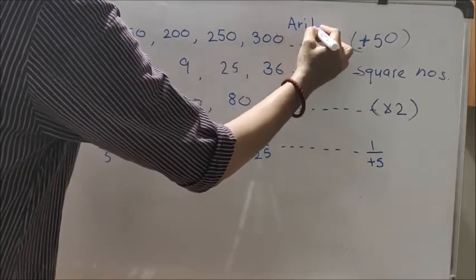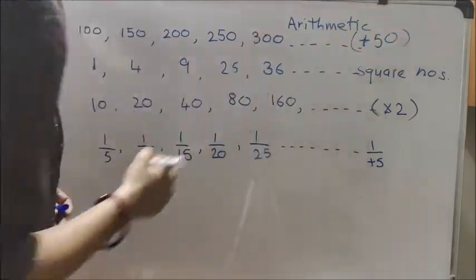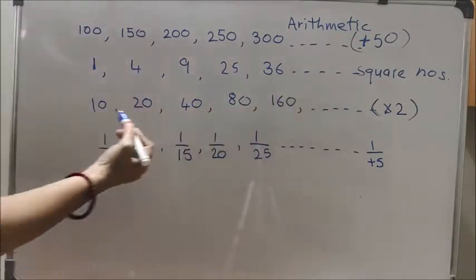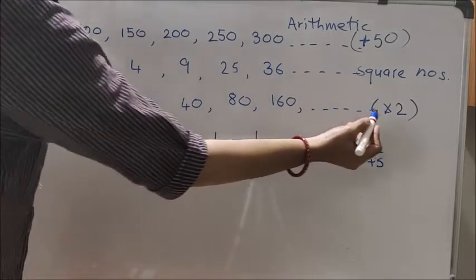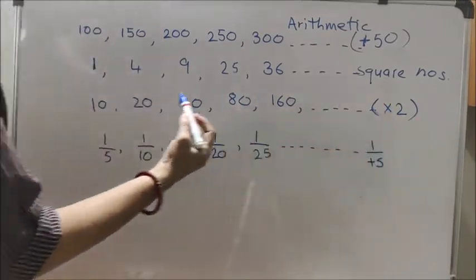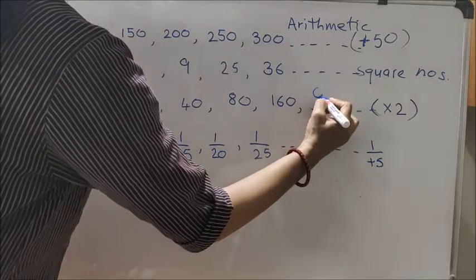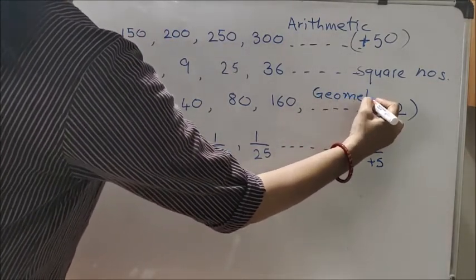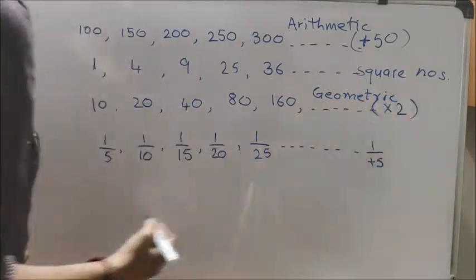This is an arithmetic progression. Then this one is no particular progression. In the third one, 10, 20, where every time the same number is multiplied to get the next number, this kind of sequence is called a geometric progression or geometric sequence.